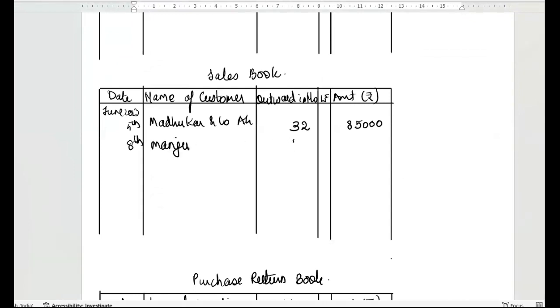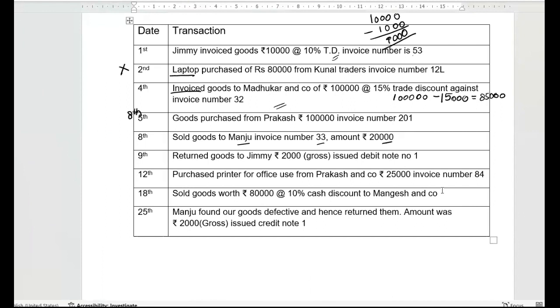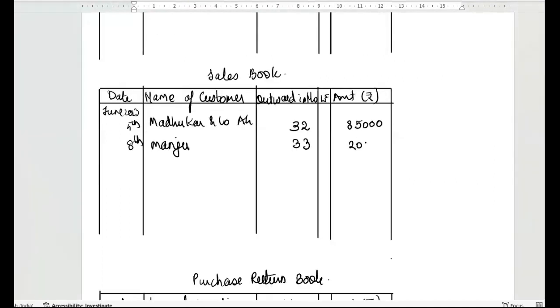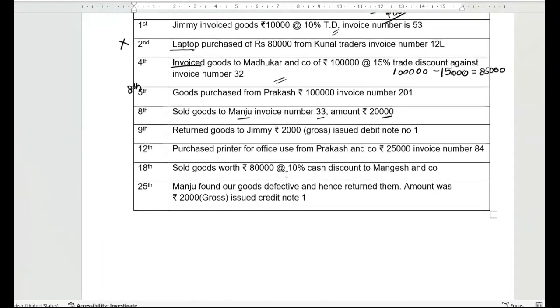Invoice number, if you can see here, it has to be in series unless and until there was some cash invoice in between. So amount of sales to Manju is 20,000. I record here 20,000 rupees. Fine. So that's the end of the transaction on 8th.